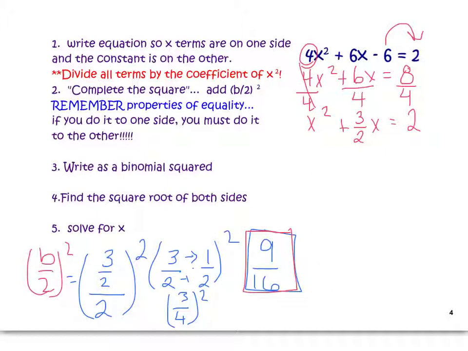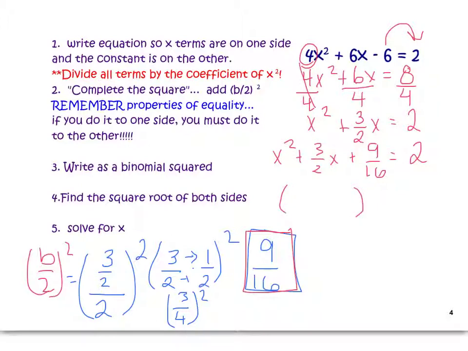So, first things first, x squared plus 3/2 x plus 9/16 equals 2. So at this point, we still have a binomial squared.